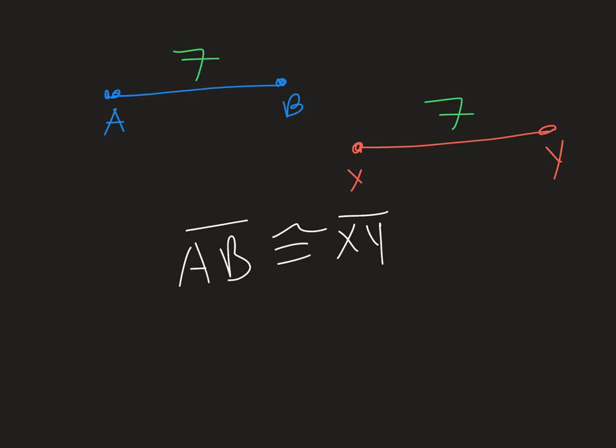This symbol right here is shorthand for congruent. So I'd read this: AB is congruent to XY, meaning they are segments with the same length.